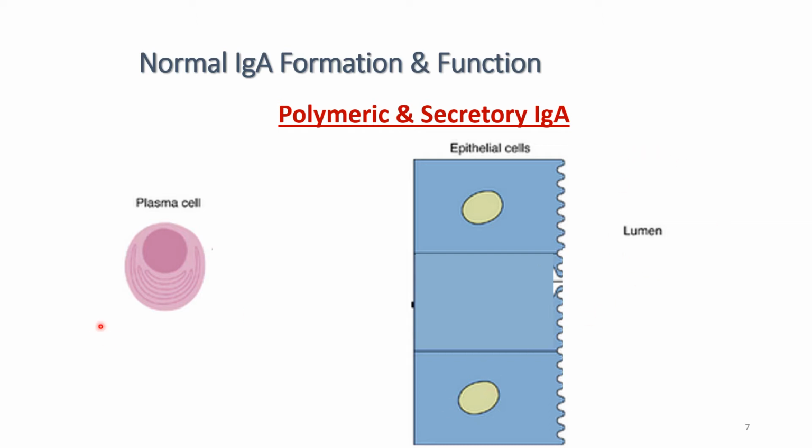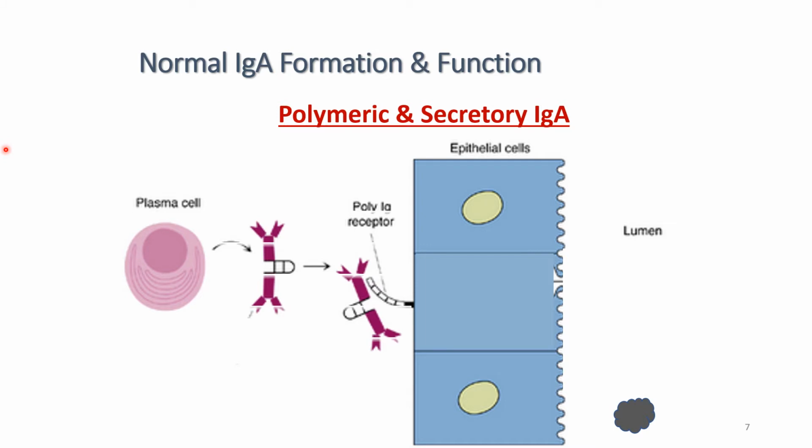This is the lumen, this is the plasma cells. When there is infection in a mucosal area, the plasma cell will produce IgA antibody that will attach to what is called the poly-Ig receptor, and at this time the IgA antibody is called polymeric IgA.